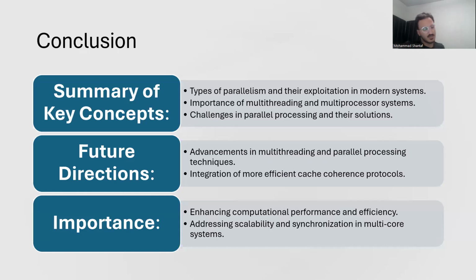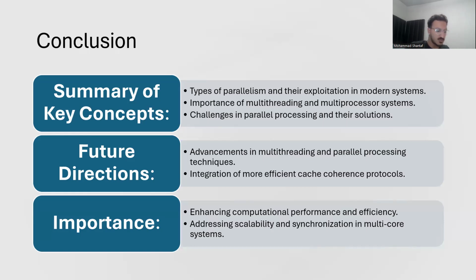Now let's go over our summary, some key concepts, and future directions that we can take from this lecture today. We went over the types of parallelism and their exploitation in modern systems, the importance of multi-threading and multiprocessor systems, as well as some challenges in parallel processing and solutions for them.